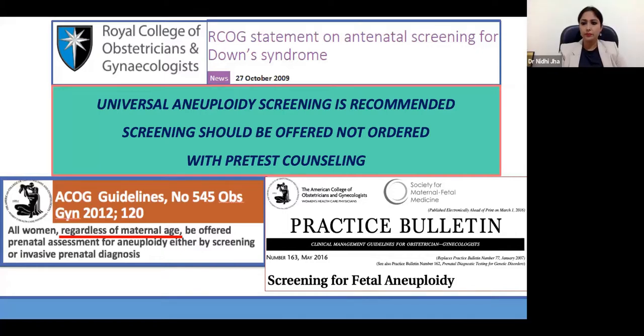The international guidelines by RCOG, ACOG and the Society of Fetal Medicine have been given in various years, since almost 2009. The first guideline was given by RCOG, which says that regardless of maternal age, universal aneuploidy screening is recommended, and this screening should be offered, not ordered, with proper pre-test counseling of what we are going to do and what these tests suggest to the patient.